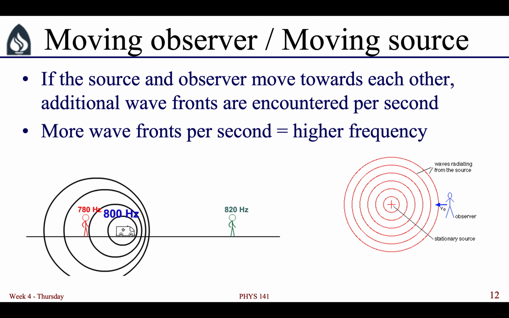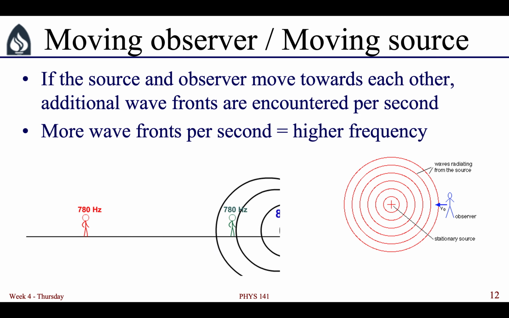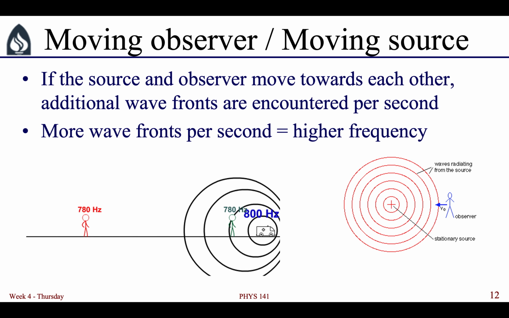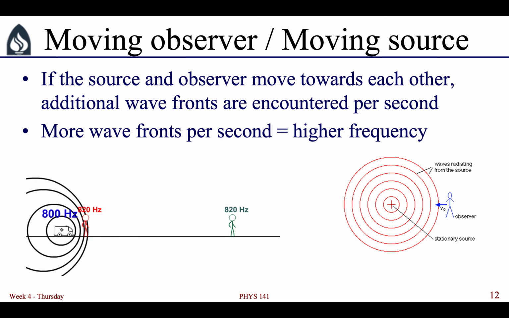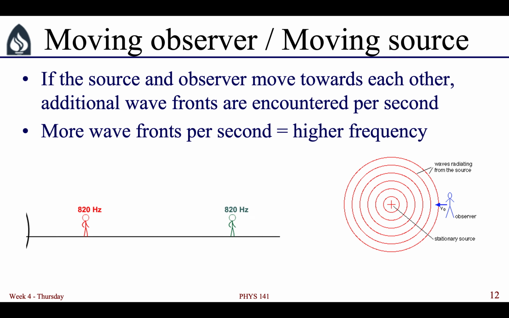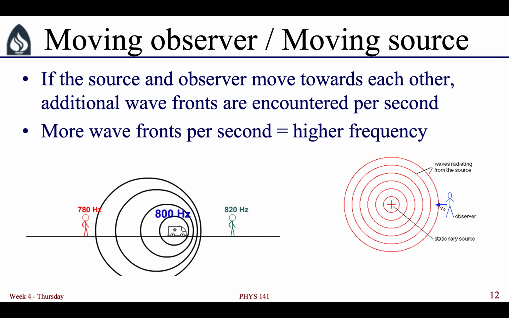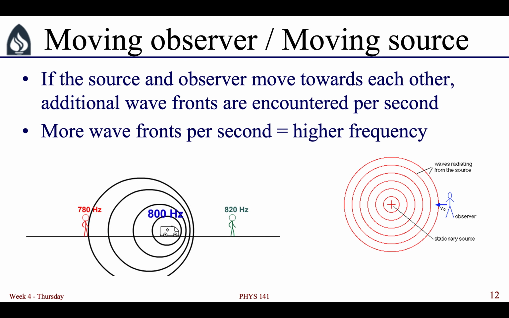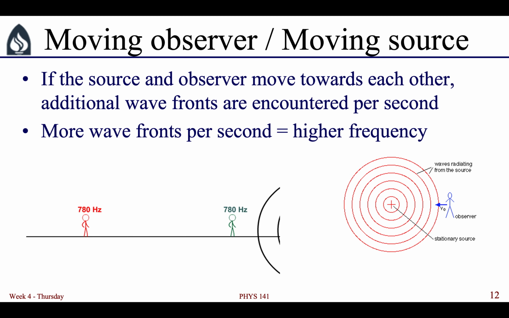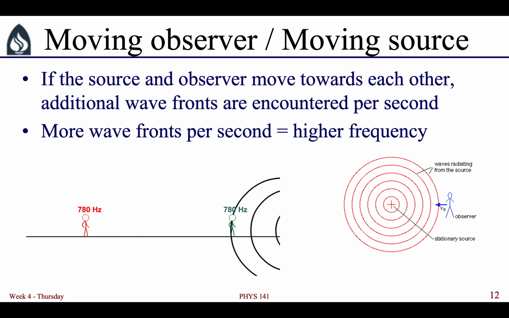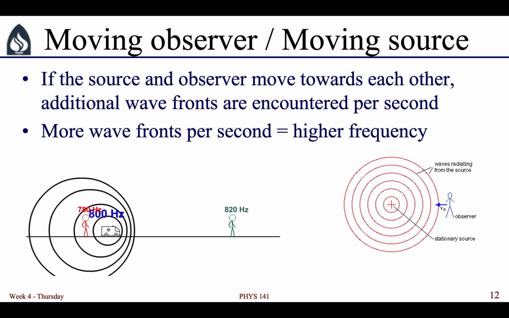As it approaches an observer, the observer receives a higher sound, 820 hertz, because they are encountering additional wavefronts per second. As the source moves away from the observer, however, there are fewer wavefronts encountered per second, and the frequency of the sound that is observed drops to 780 hertz.